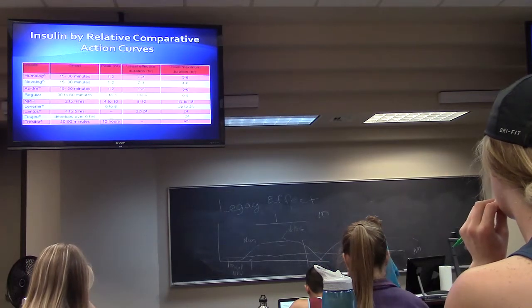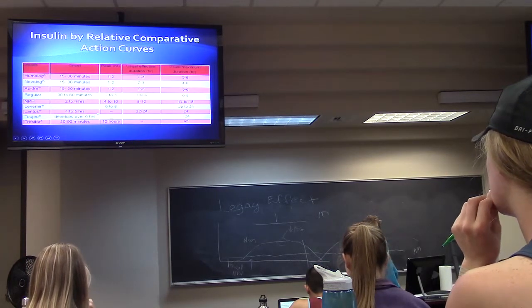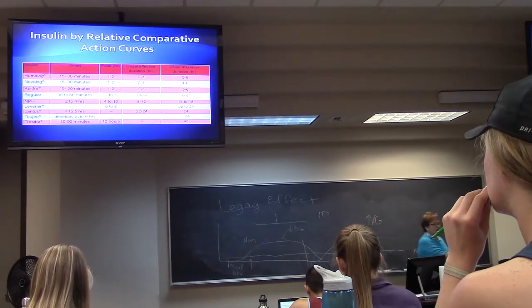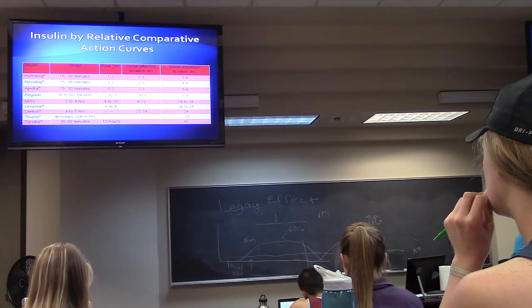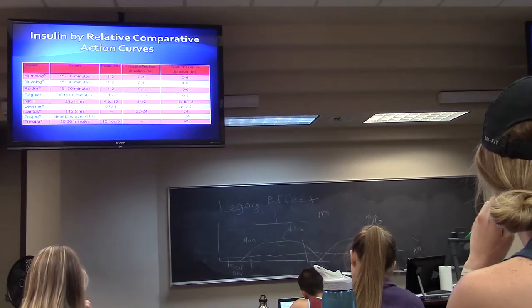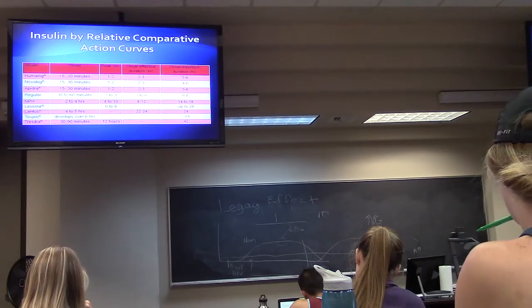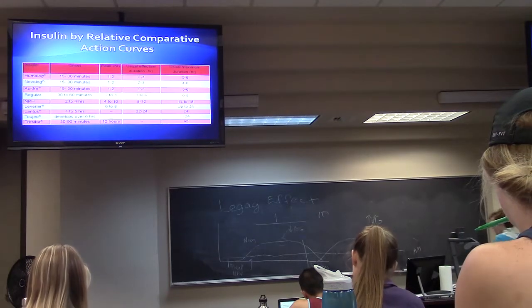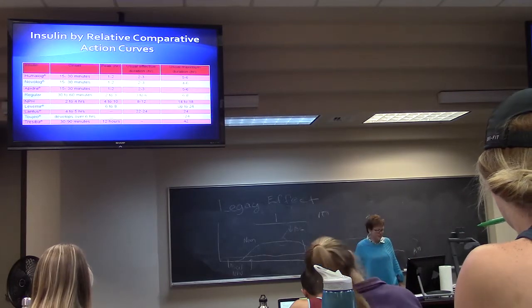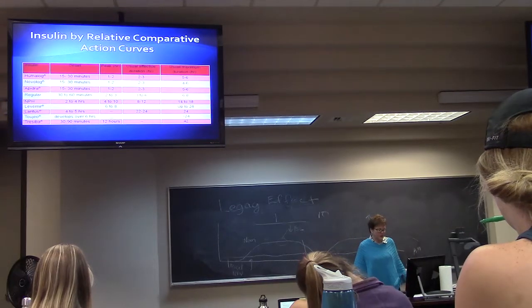If you look at Lantus, onset slow, but that's only with that first dose. Once you start overlaying doses, it's almost like a constant IV infusion. Tresiba, their onsets are just delayed.